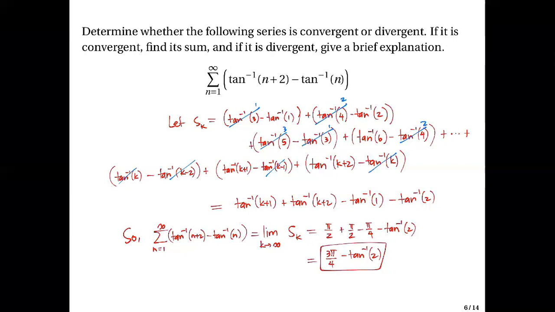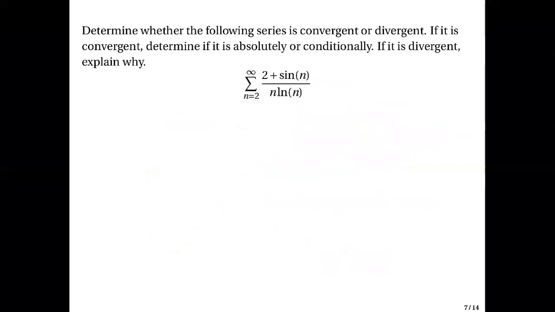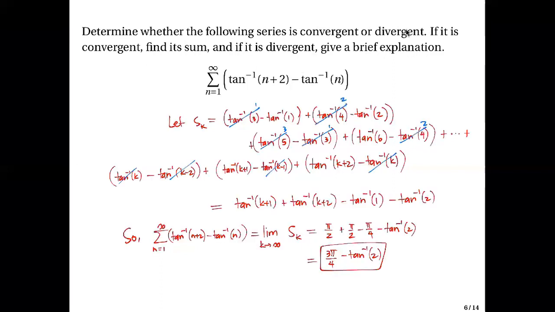Next problem. Determine whether the following series is convergent or divergent. If it is convergent, determine if it is absolutely or conditionally. If it is divergent, explain why. So look at the difference between this problem and the previous problem.